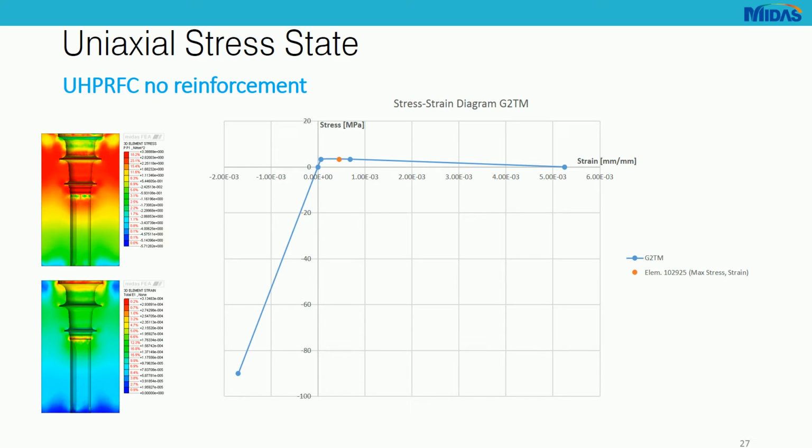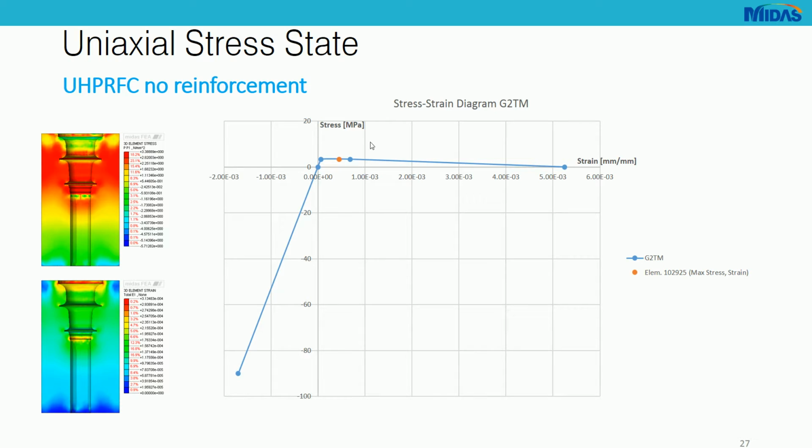So we can see the principal stress distribution for the ultra high performance fibre-reinforced concrete without reinforcement here, and this principal strain distribution here. I have plotted the stress strain curve, and I have taken the most loaded element, in this case 102.925. This element has the maximum strain and the maximum stress.